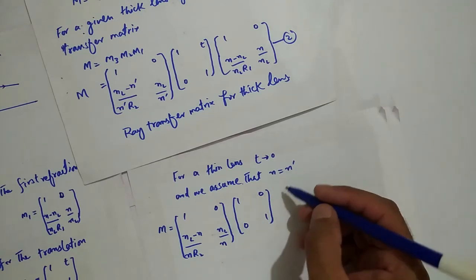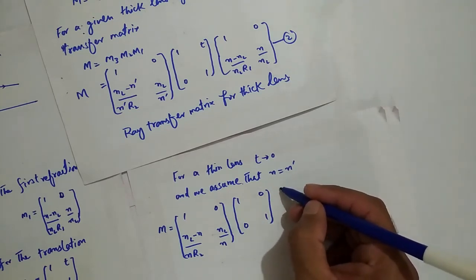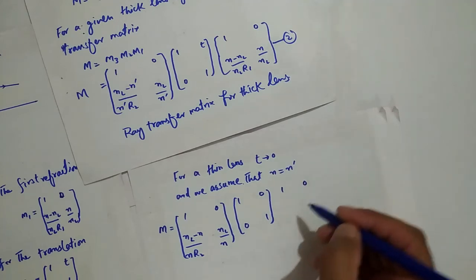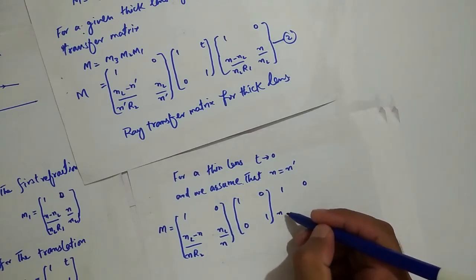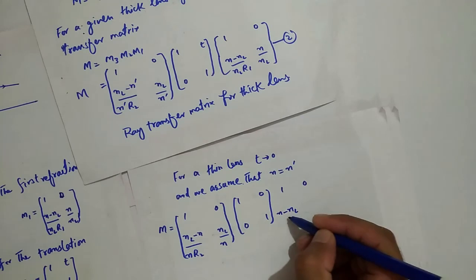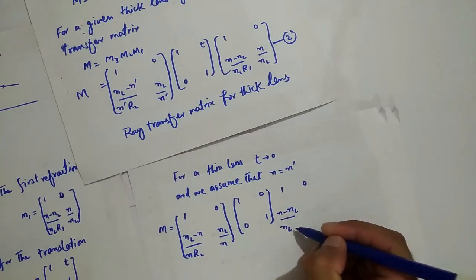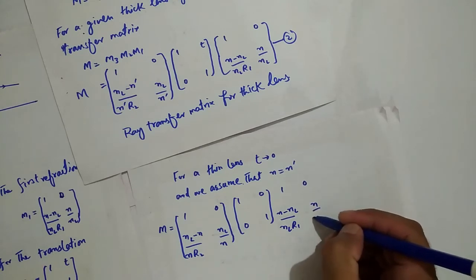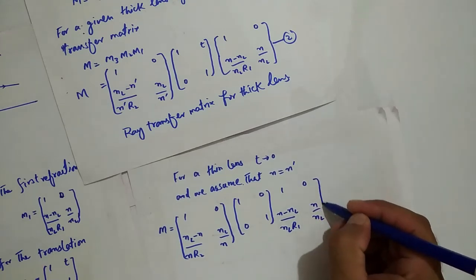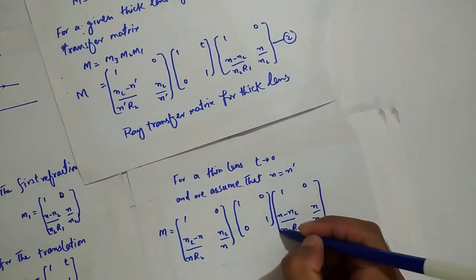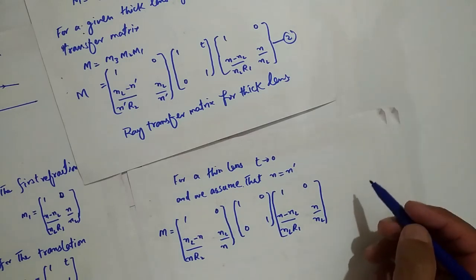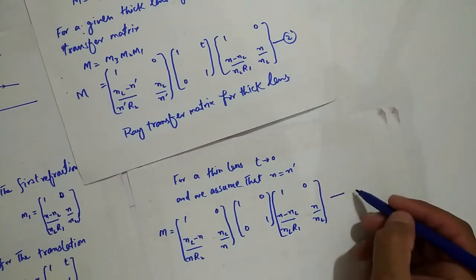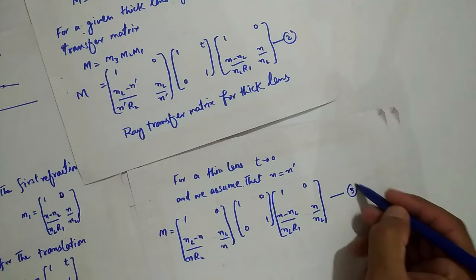And then for the first refraction, that is 1, 0, (n minus nL)/(nL R1) times n/nL. Clear? This is equation number 3.